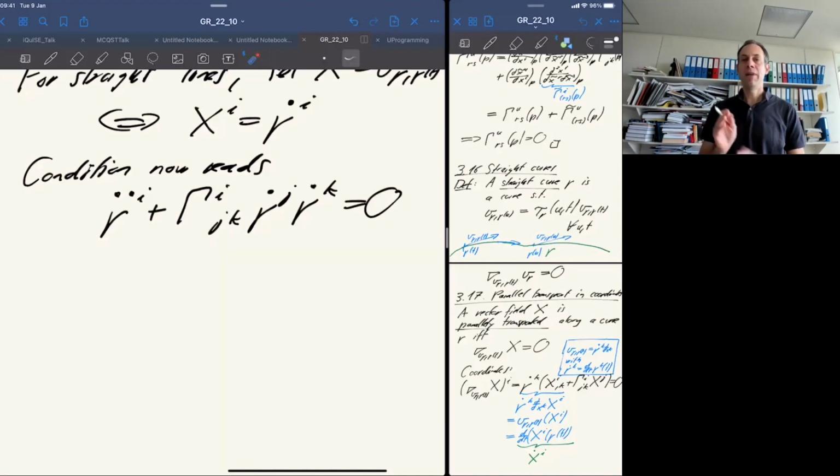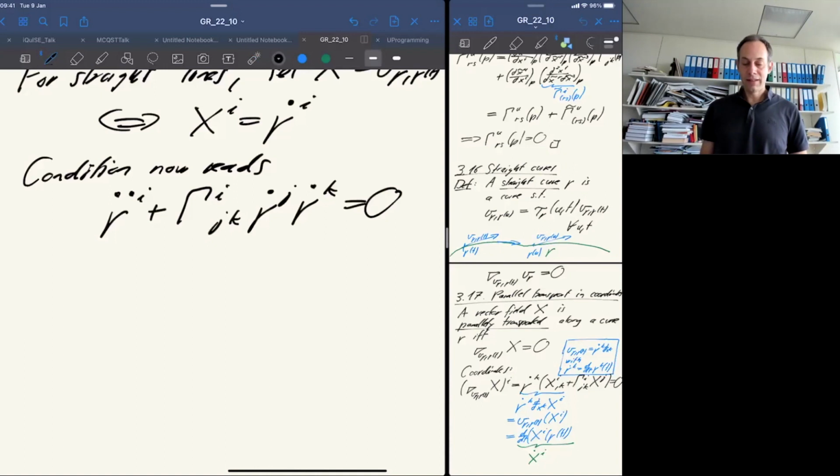It's really when I walk straight. Of course, seen from the outside in three-dimensional space, it's not straight, but on the surface, it's straight exactly in that sense, that the vector of my direction is parallelly transported. That's what it means to walk straight on a surface that is itself, as viewed from the outside, potentially curved.